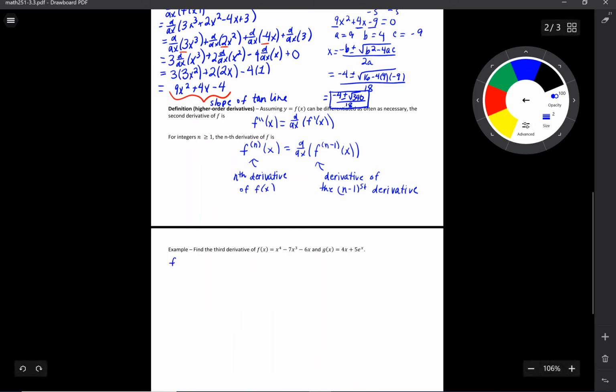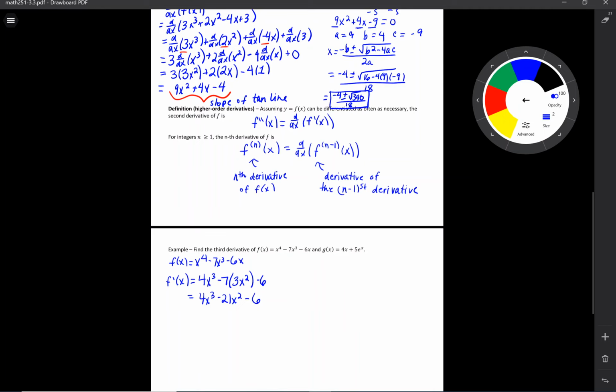So f of x equals x to the power 4 minus 7x cubed minus 6x. f prime of x will be equal to 4x cubed minus 7 times 3x squared minus 6, or 4x cubed minus 21x squared minus 6. That is my first derivative.